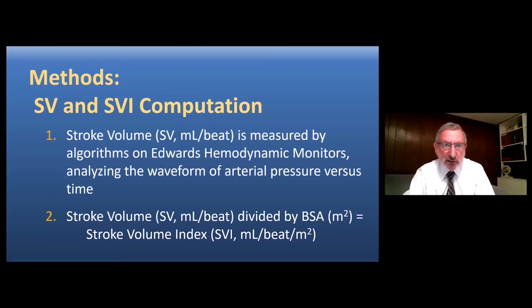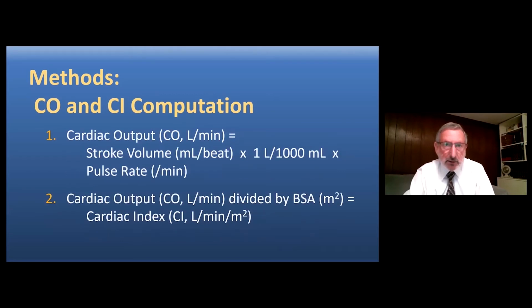And after the index is computed, you can multiply it by heart rate, again in the platform, and get the cardiac output or the cardiac index. So with one minimally invasive connection to the patient, or a ClearSight connection that's non-invasive, you're able to get the SVI and the CI.